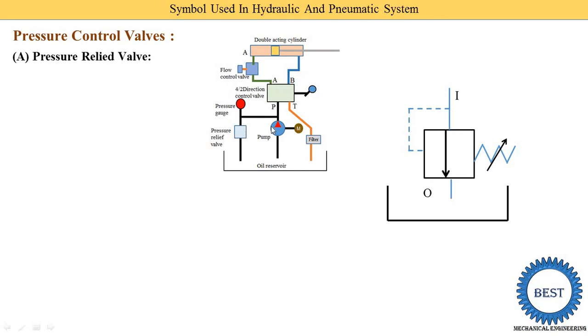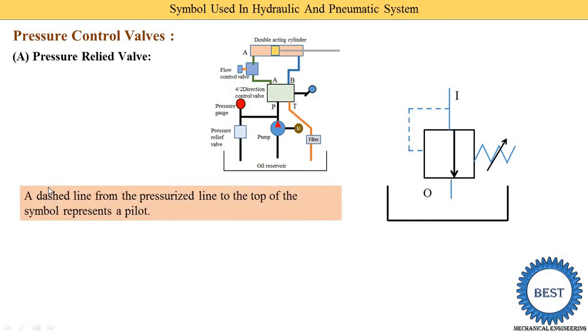Here this dash line is drawn. A dash line from the pressurized lines to the top of the symbol represents the pilot or drain. It means some of the liquid is taken from this input pipe and supplied to this pressure relief valve, and according to this pressure the arrow moves.